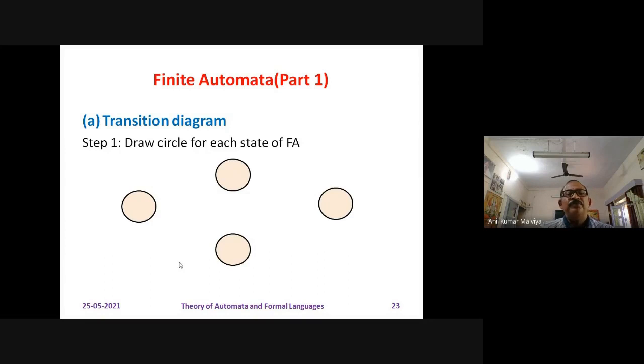Next step, label each circle with the name of a state of the finite automata. What are the names of the states? Q0, Q1, Q2, and Q3. These are the states of the given finite automata. Okay.